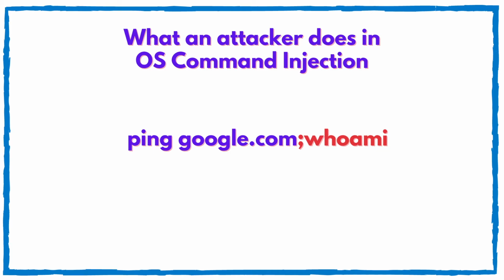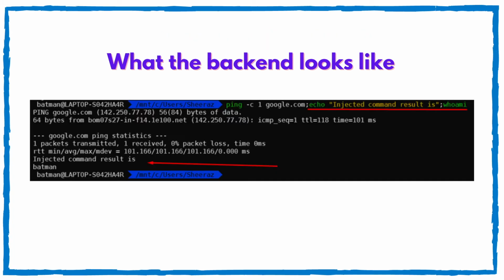So moving on, we see on the backend, this is how it would look: ping -c 1 google.com. After that, the semicolon ends the ping command. Then, for explanation, I added another command, echo injected command result is. So this will just print this string.